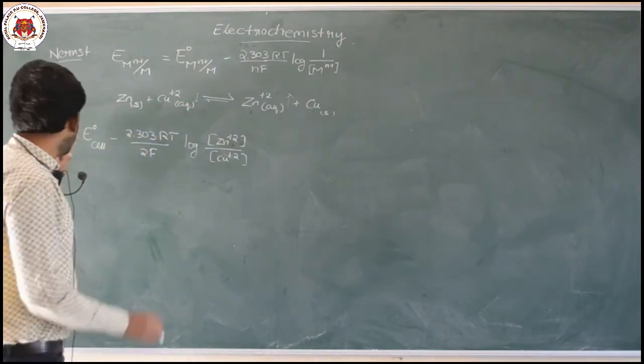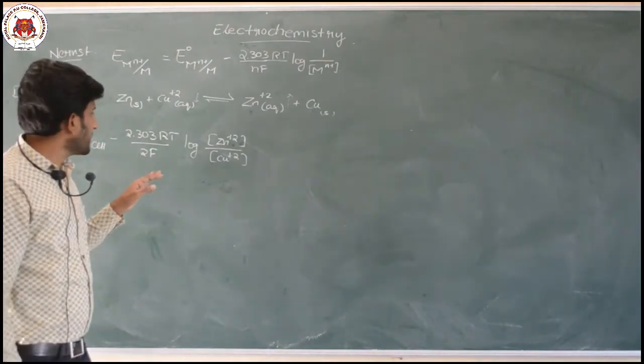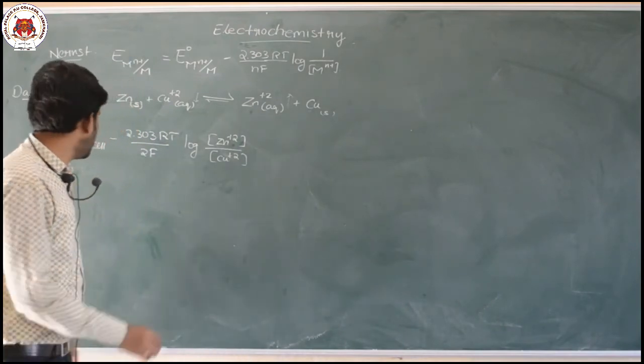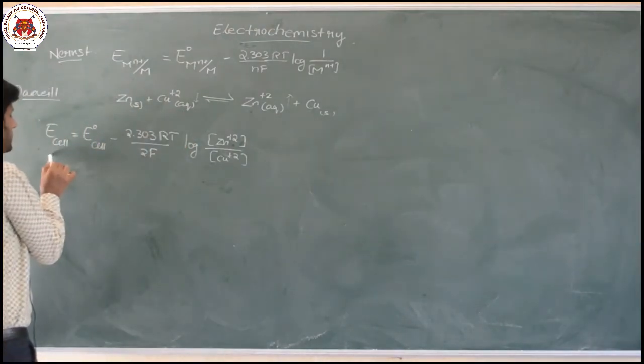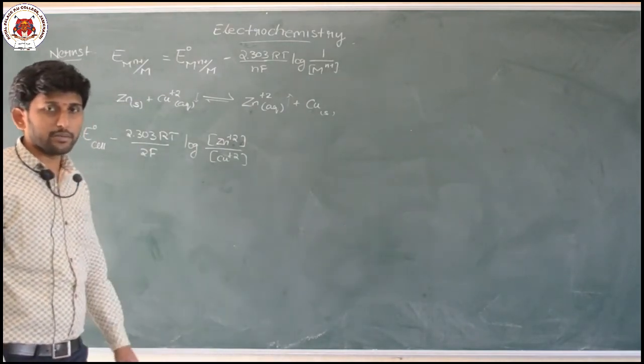That means the EMF of the cell should decrease, no? So the EMF of the cell decreases to a certain extent, and thereafter at equilibrium it becomes constant.